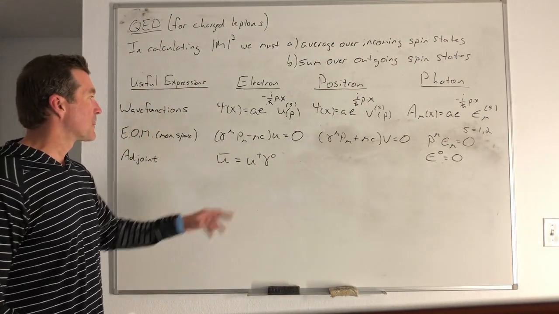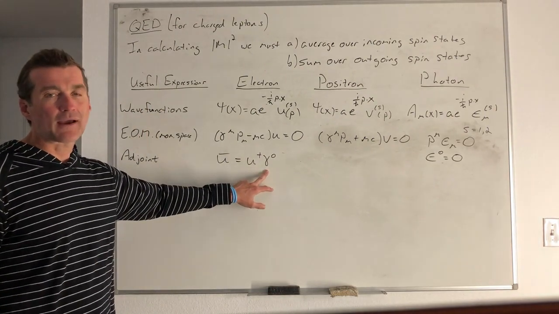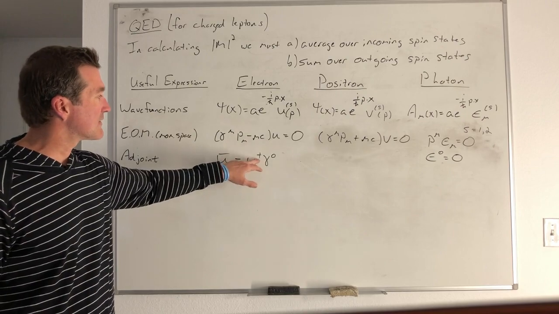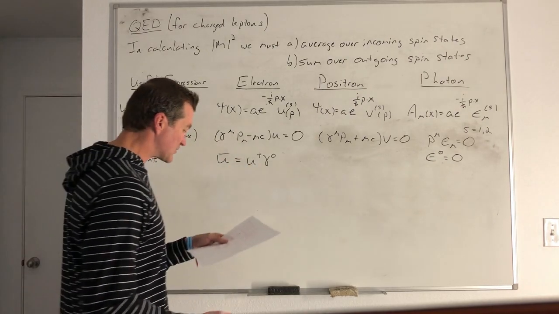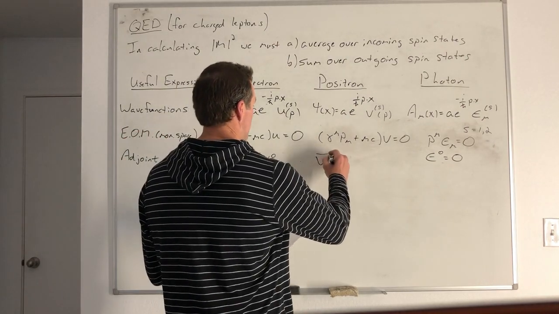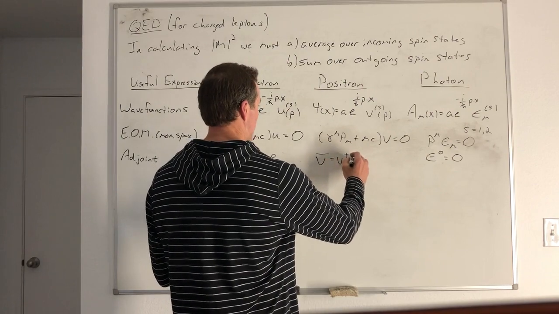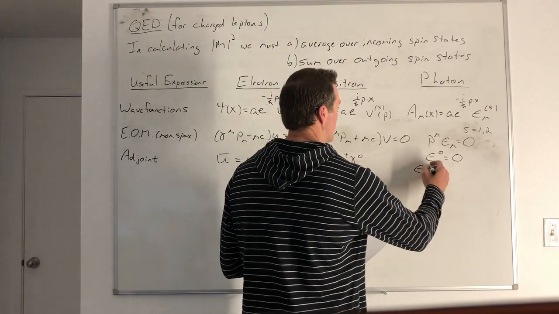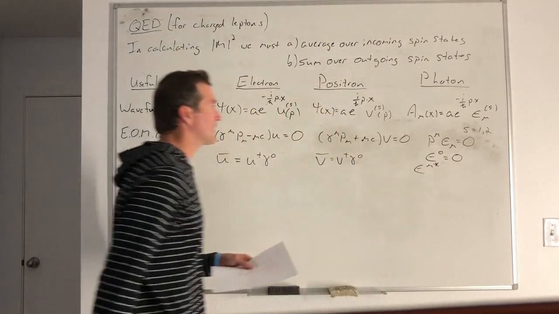And we made an argument for why gamma 0 had to be part of the definition of the adjoint, and then of course that's complex conjugation and transpose. v bar is of course v dagger gamma 0, and then epsilon mu, we just complex conjugate.